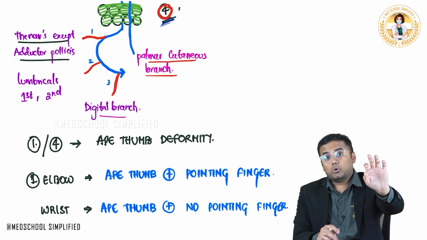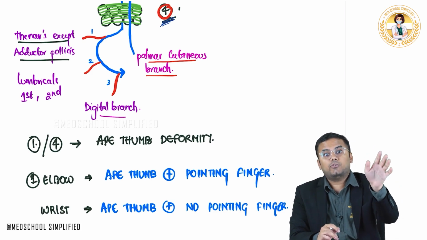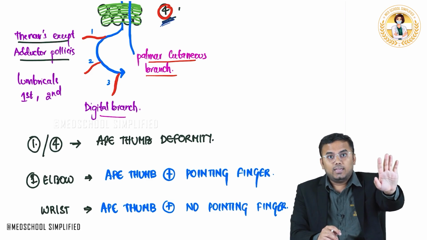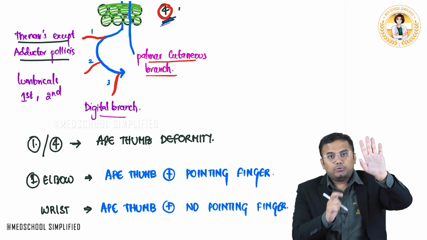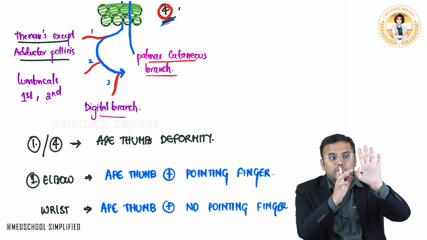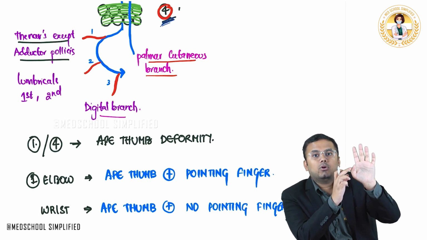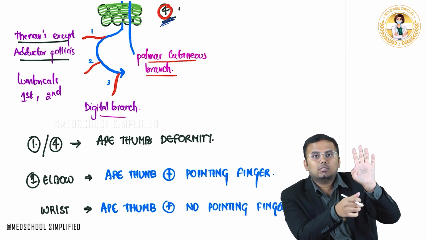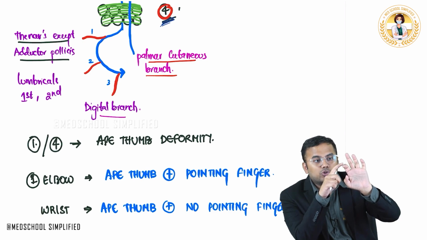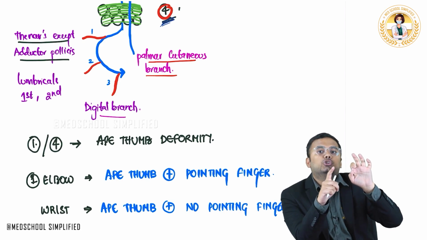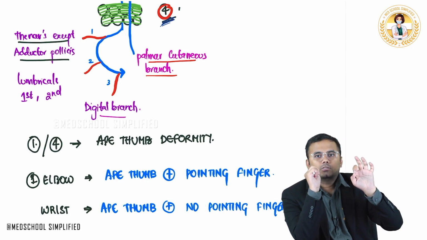This is done by the pronator quadratus, which is responsible for putting my hand in pronation. Then my thumb should be flexed like this. Flexion of my thumb is happening because of flexor pollicis longus. My index finger also should flex like this. The index finger is flexing because of flexor digitorum profundus.